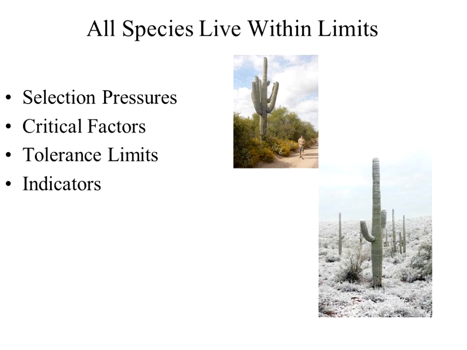So now let's look at selection pressures. All species live within limits. Environmental factors exert selection pressure and influence the fitness of individuals and their offspring. For this reason, most species tend to get forced into a range of conditions in which they can be successful.